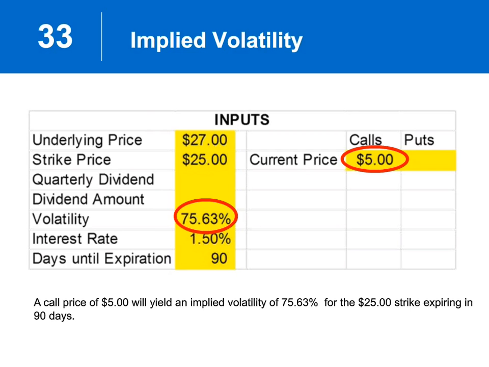The VIX went to 80. So just as an extreme example, if you've got your $27 stock and the strike price at 25 and nothing else changes except implied volatility, if it were to go to 75 and change, that $2.60 call would go to at least a $5 value. So that's the power of implied volatility.